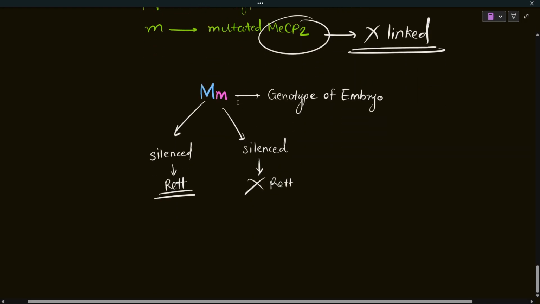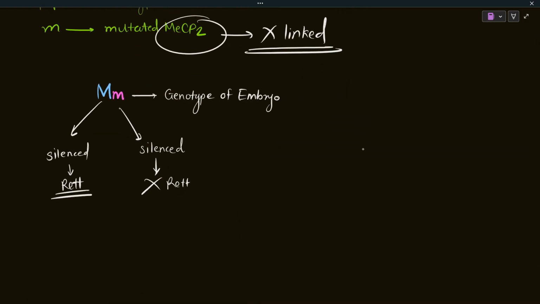Now let's see how skewedness plays a role in Rett syndrome. There are two cases, case 1 and case 2.